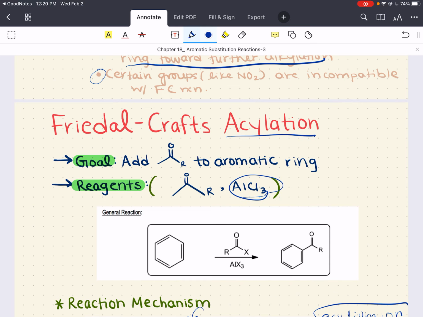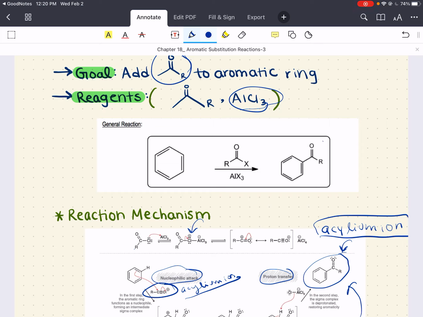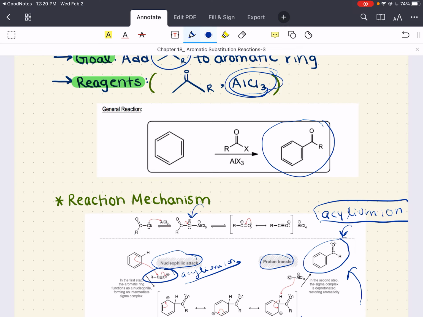You can proceed with a Friedel-Crafts acylation where you add an acyl halide, I'm so sorry, to an aromatic ring through the use of aluminum trichloride, where our acyl chloride is treated with this Lewis acid to form our acylium ion.